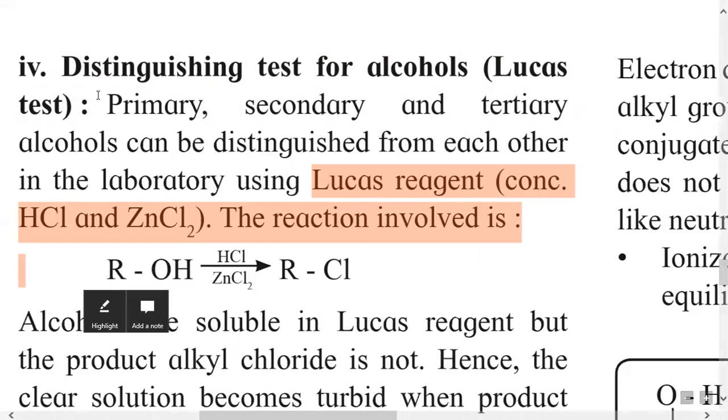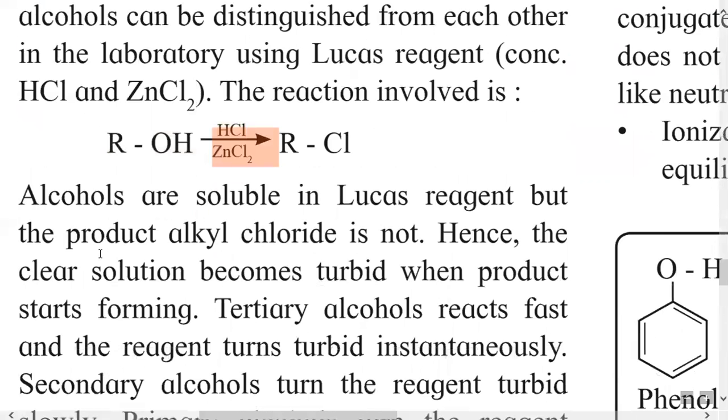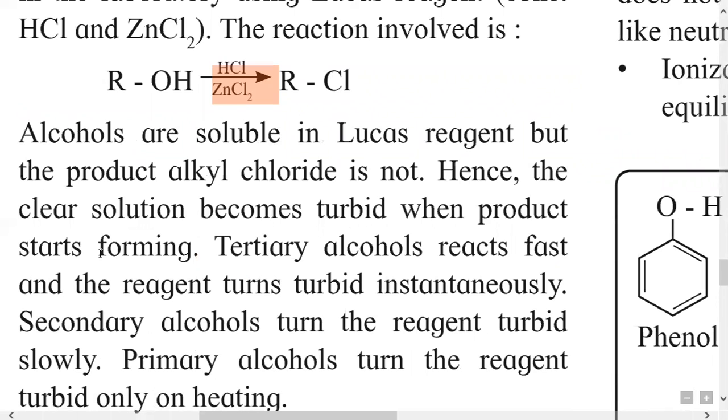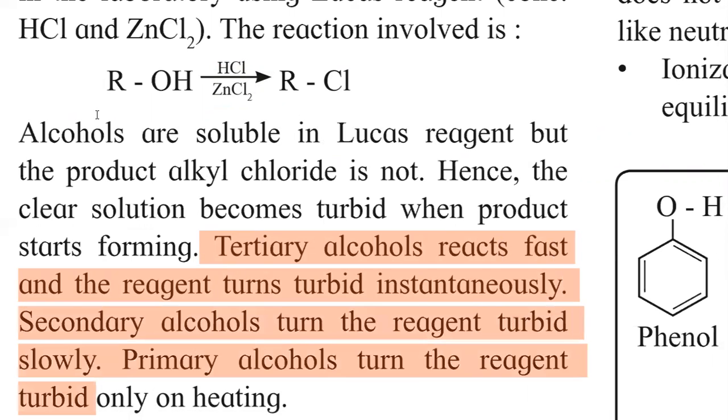The general equation is, when this alcohol is treated with zinc chloride and HCl, we get alkyl chloride and the side product is H2O. Depending upon the precipitate formation of alkyl chloride from primary, secondary and tertiary alcohol, these alcohols can be distinguished. Tertiary alcohols react faster than secondary alcohol, which reacts faster than primary alcohol.